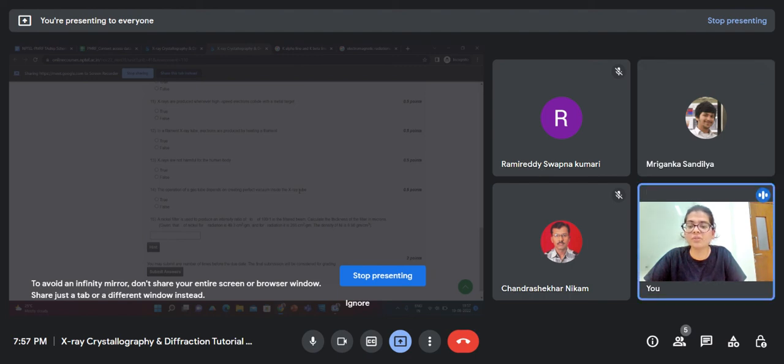I think some gaseous atmosphere is there inside the X-ray tube. First, we will evacuate to remove all the gases, as multiple gases will be there inside the X-ray tube. But I think some noble, inert atmosphere is there inside the X-ray tube, meaning some gaseous atmosphere will be there.